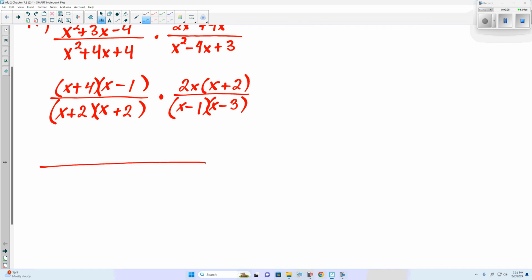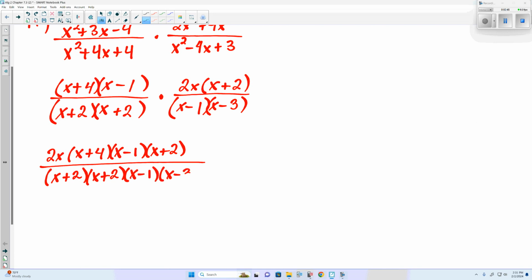Now we can put them together. We multiply them together. We'd have 2x times x plus 4 times x minus 1 times x plus 2. The denominator is x plus 2 times x plus 2 times x plus 1 times x minus 3. And at this point here, we can simplify out our like terms.